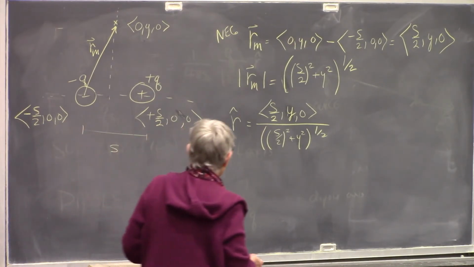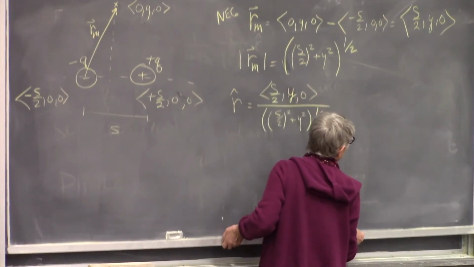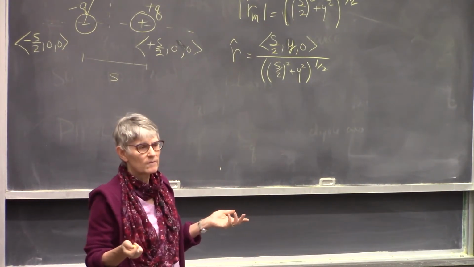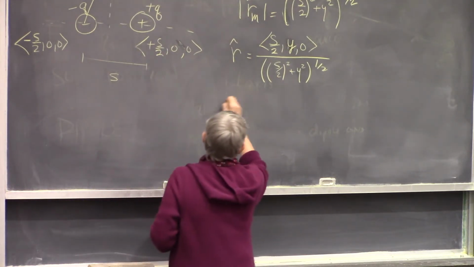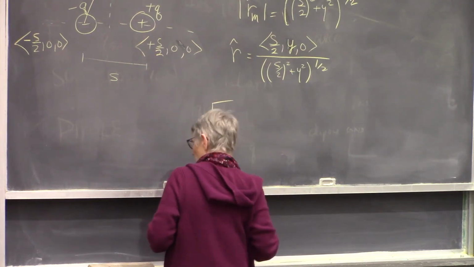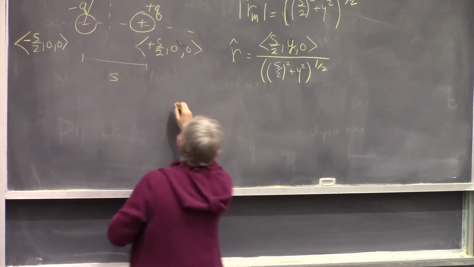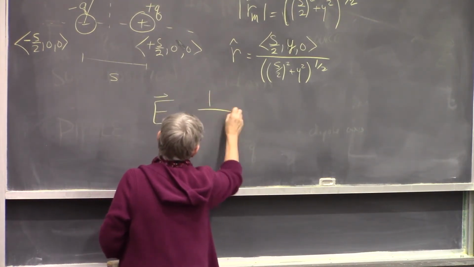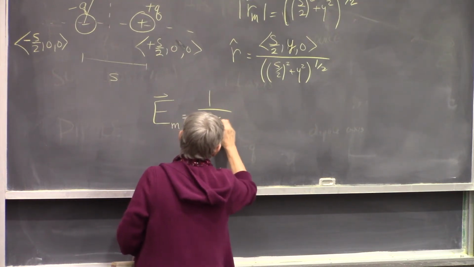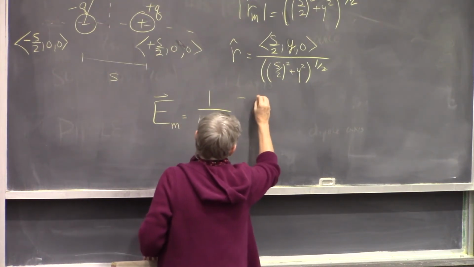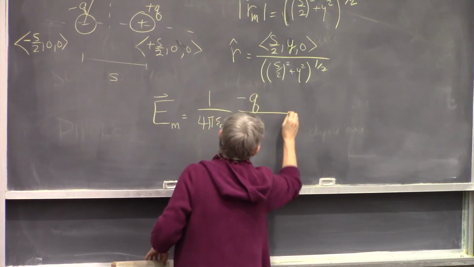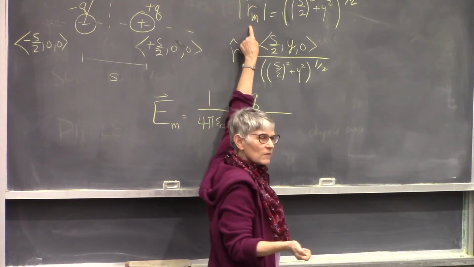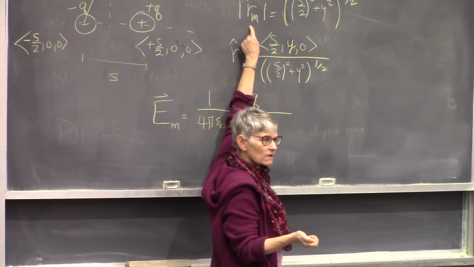Okay, so now we can write out the electric field by using the electric field of a point charge equation. And so E minus, I'm going to give myself a little more room here, E minus is 1 over 4 pi epsilon 0. The charge is a negative q. R squared is the magnitude of r squared.